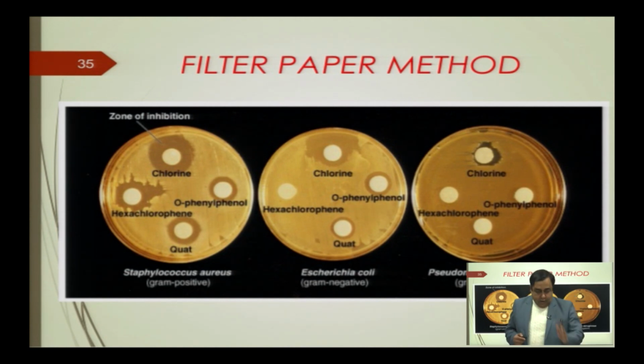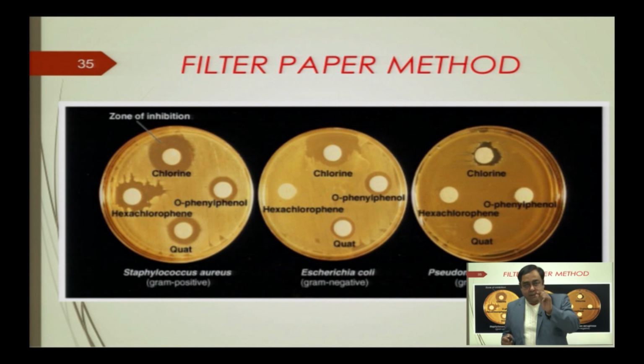So, the activity of the chemicals is highly specific in terms of the microbes as well as in terms of the chemical selected. That is, from one chemical to the other, the spectrum varies.